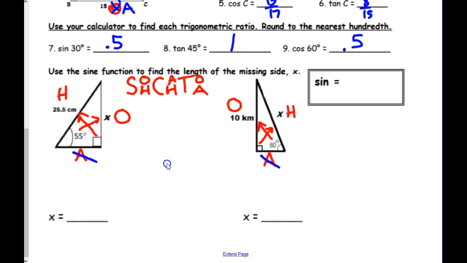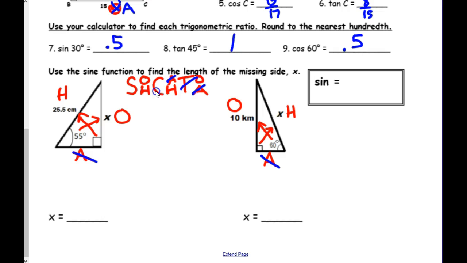So it's unfortunate, but only 2 survive, 1 has to go. But here's why. The most common question I get for trigonometry is, Mr. G, do I use sine, cosine, or tangent? Here's how you know. You ready? If there is no A, cross out the A. That means tangent?